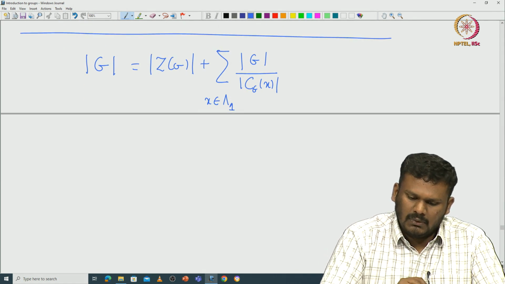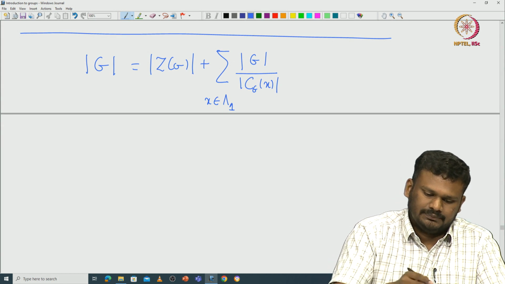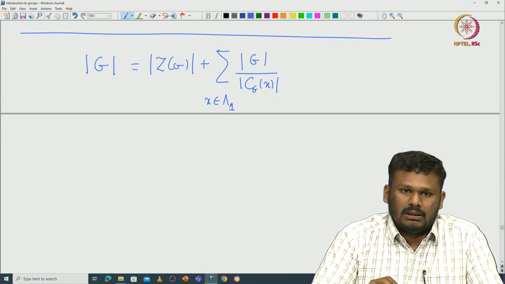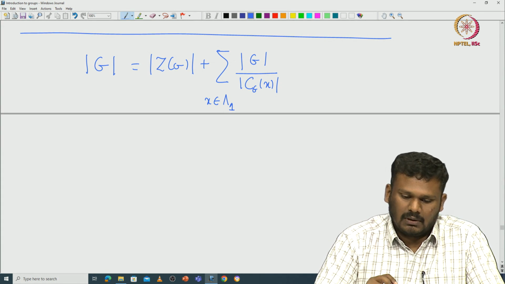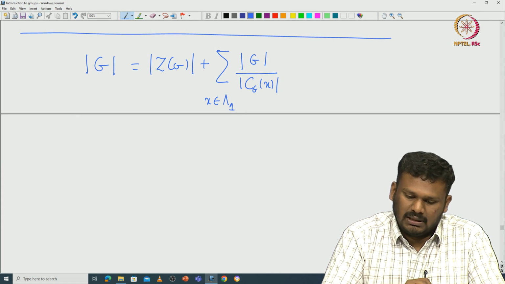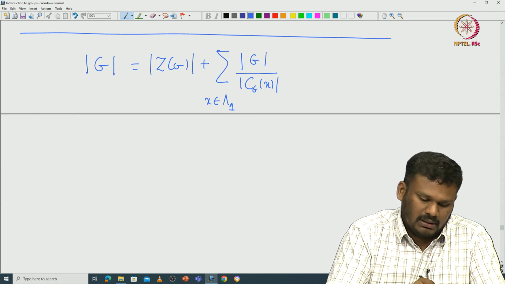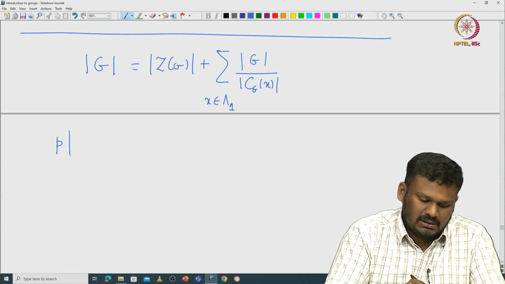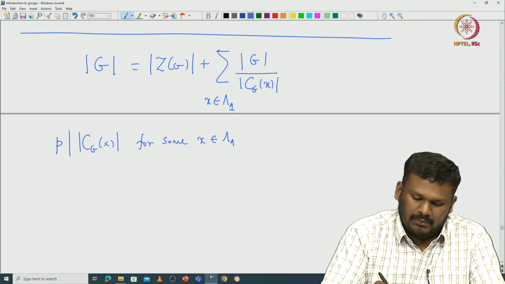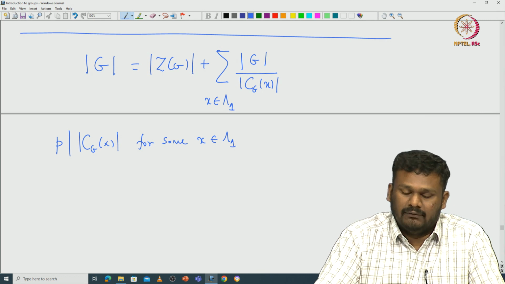So, note that in this equation, since P divides the cardinality of G, in case P divides the cardinality of C_G(x) for some x in lambda 1, then what happens?